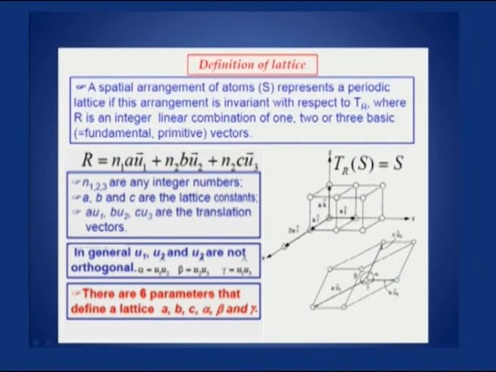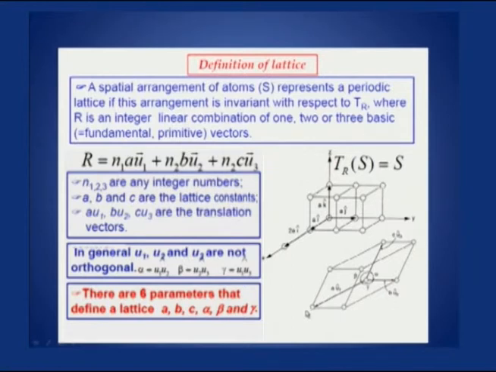The lattice parameters a, b, c. This is a here, this is b here and c here. Something like a brick, every brick has a length, breadth and thickness, a, b, c. The brick will have the 3 dimensions, length, breadth and thickness.